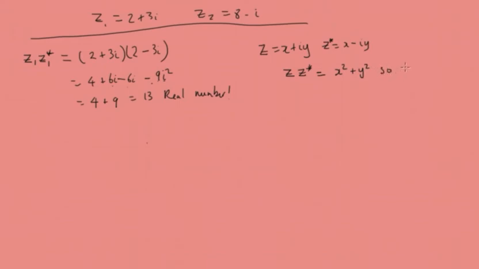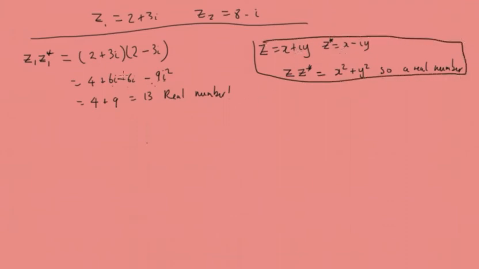So a real number. And that's pretty easy to prove just by multiplying these together the same way we did that, just doing the general form. So that's our multiplication.